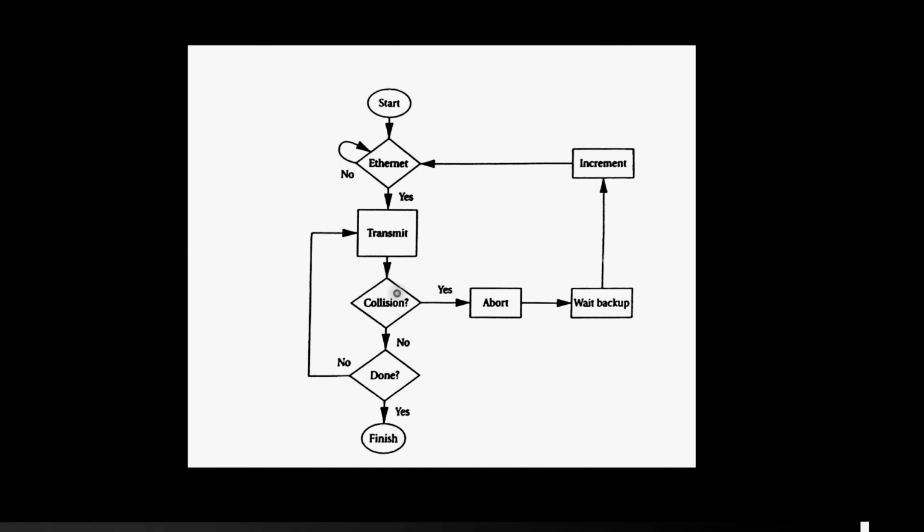Once it identifies a collision, then the device has to abort its transmission, wait for a backoff period of time, and again check whether it is connected to the Ethernet properly and continue the same process. Once no collision is identified, it has to check whether the transmitted data has reached the receiver properly. If not, then it has to retransmit.